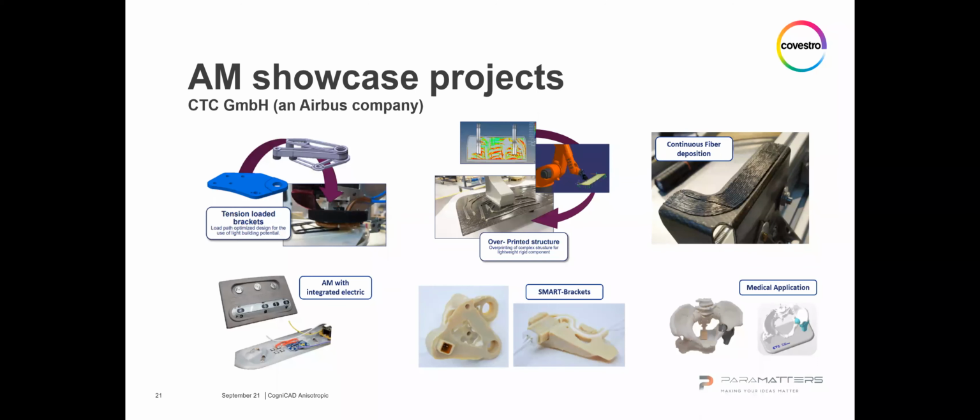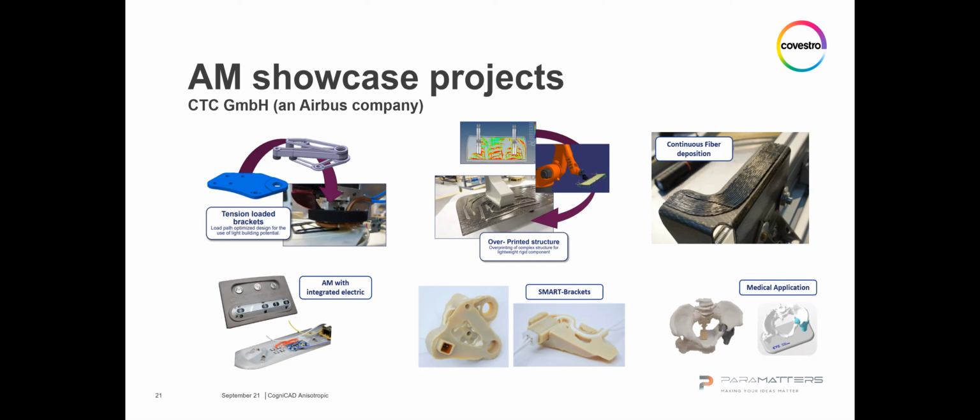In the next slide, you can see some of our showcases to give you an idea what we work on. On the top left is a bracket which is currently milled out of aluminum, where we made an alternative design using continuous carbon fiber composites. On the bottom left is a demonstrator part where we used electronics within the printing process, for power transfer and signal transfer.